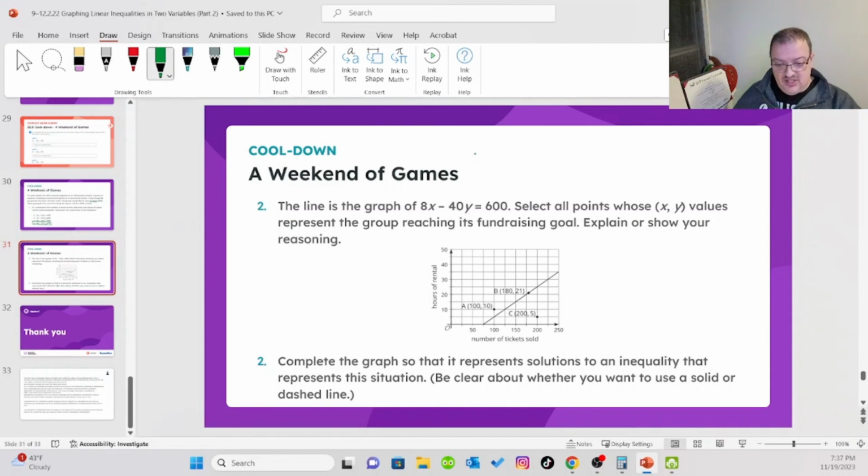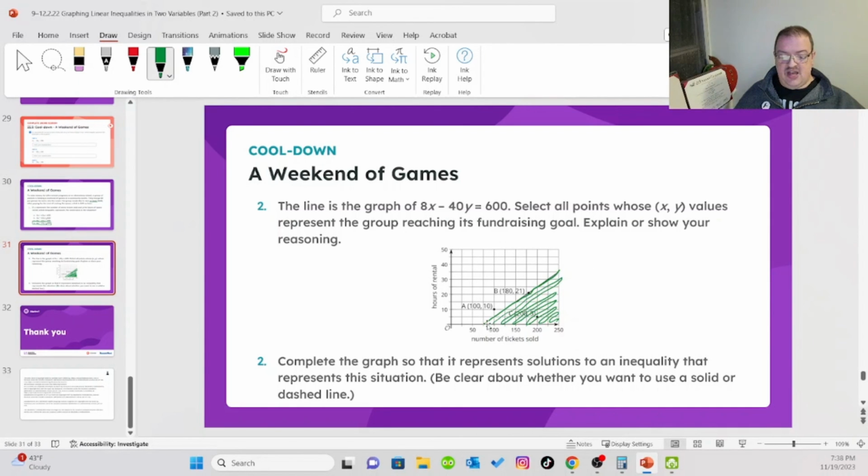So the points that could actually be in my solution would be all the points on the line, such as B, because that would earn them exactly $600, or all the points in the shaded region below and to the right of the line, such as C, because all the points in the shaded region would give them more than $600 of profit.